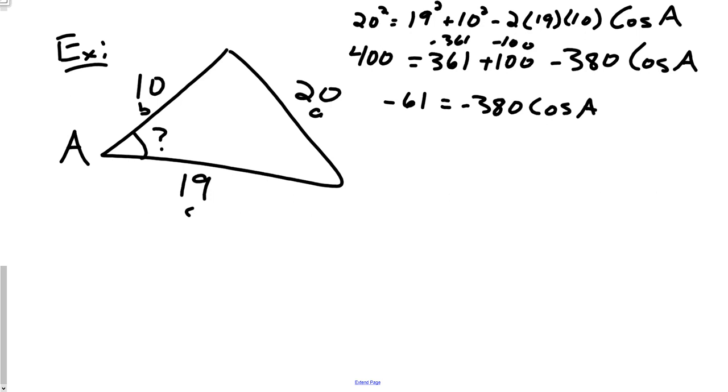Now I have this negative 380 times cosine A. So if something's being multiplied to cosine A, I have to divide it to bring it to the other side. Okay, that part I need a calculator for.